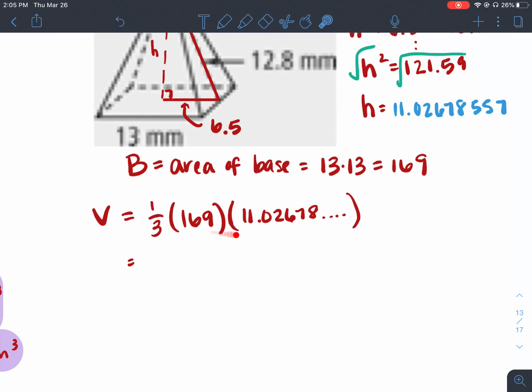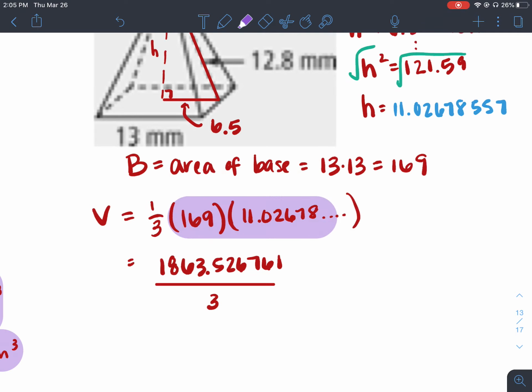Or you could multiply these two numbers together, and since 1/3 is the same as dividing by 3, I could multiply both of those numbers together and get 1,863.5266761, and I can divide that by 3.